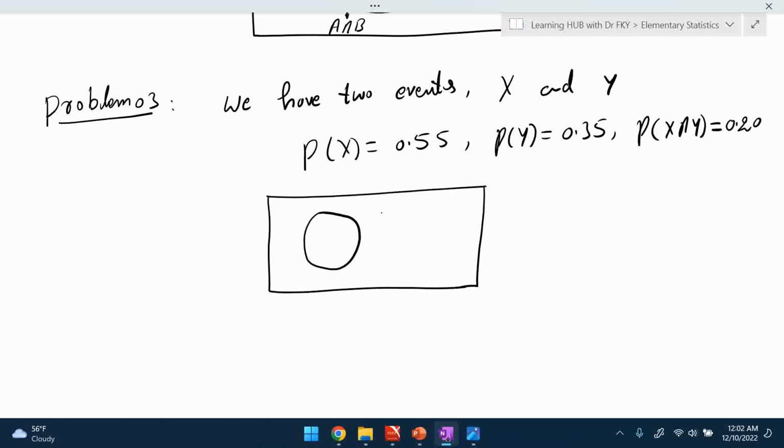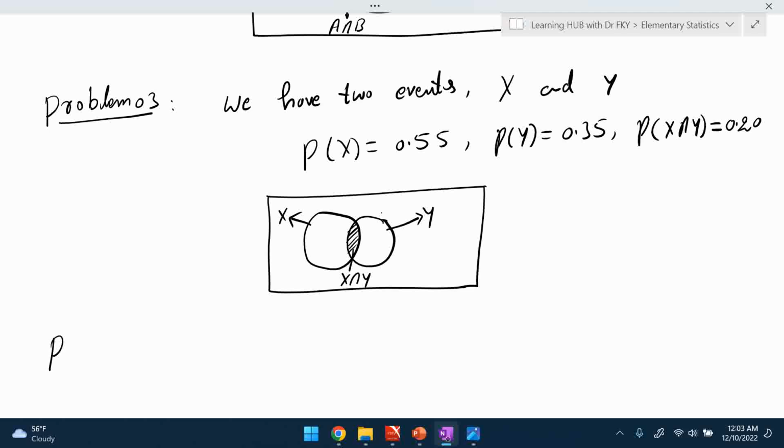So this should look like this. This is event Y, event X, and this is X intersection Y. You can write the probabilities also, and the probability of this portion is 0.20.